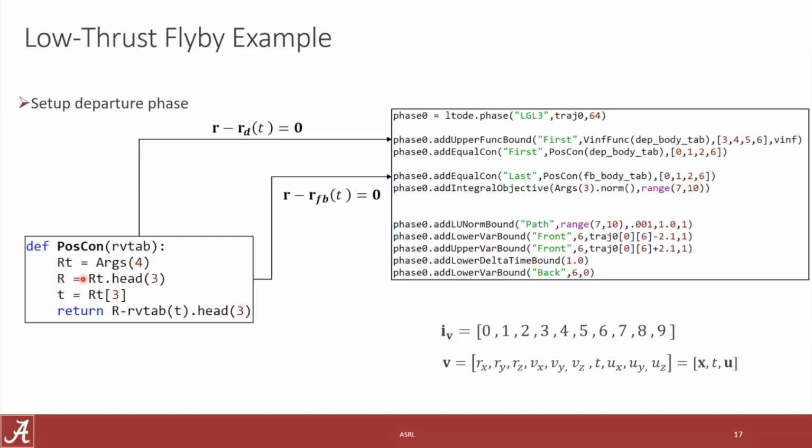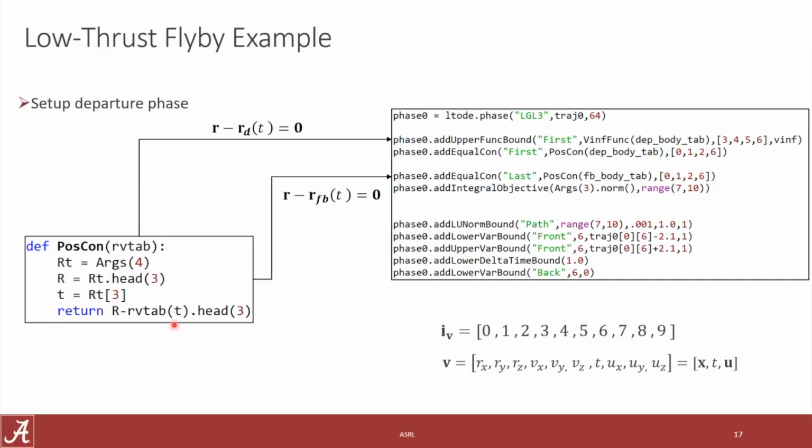This breaks position and time apart for our phase and computes the difference between R and the departure body R. The departure body table lookup at time gives us position and velocity, so that's why we do head 3, so that we're just doing R of our state at initial phase, first minus the departure body.